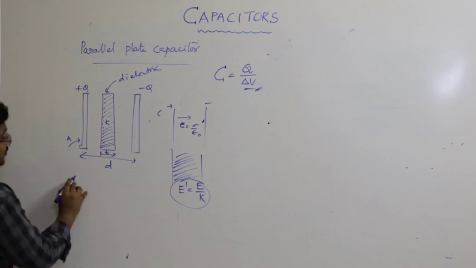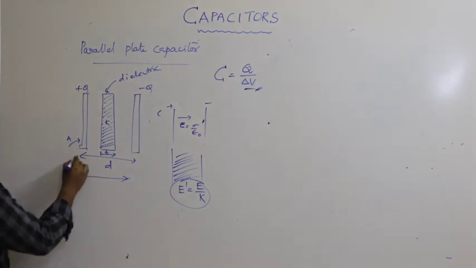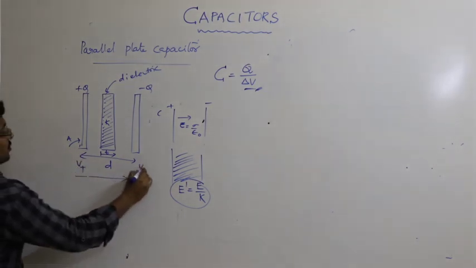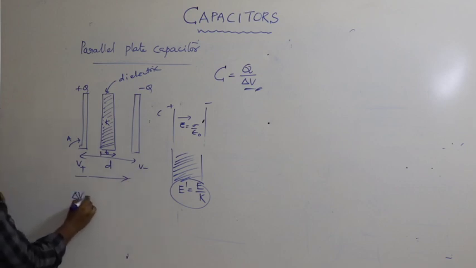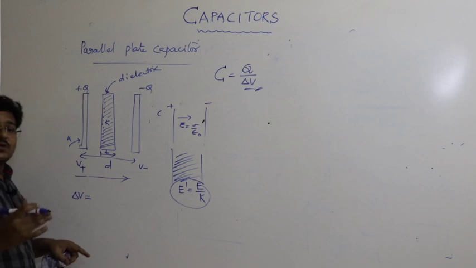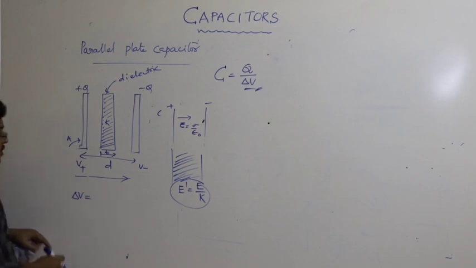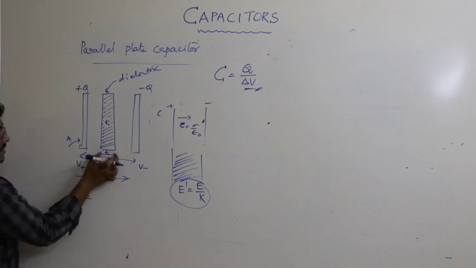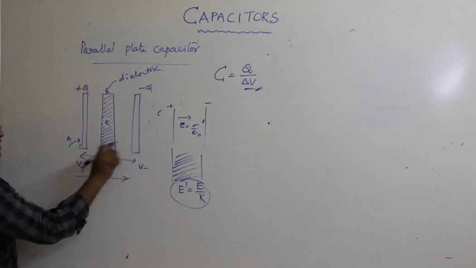That is why I will write the voltage formula. When I am going like this, it is high potential V plus to low potential. Now delta V, from electrostatics, potential is equal to electric field into distance. This is T. Now what is the remaining distance?